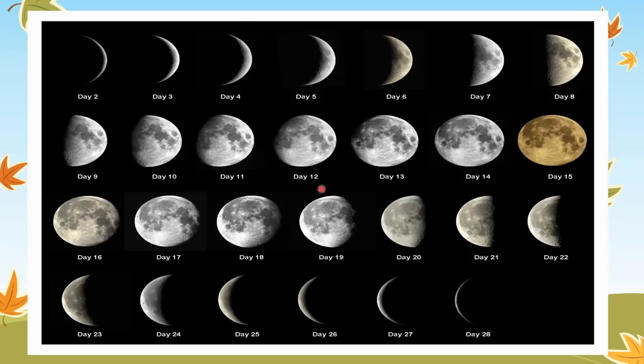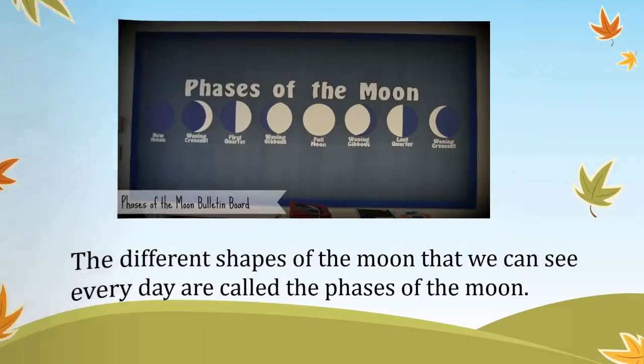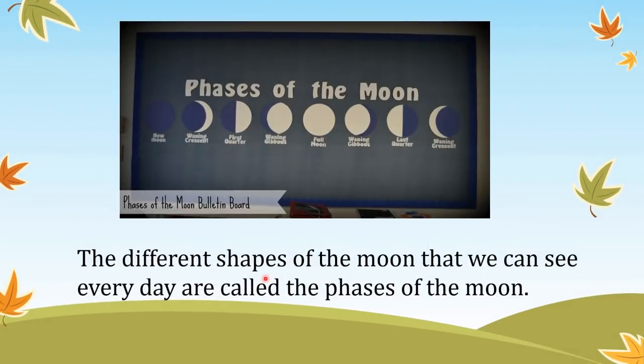So this cycle of the moon keeps on going and going. The different shapes of the moon that we can see every day are called phases of the moon. So students, the different shapes which we saw of the moon are called phases of the moon.